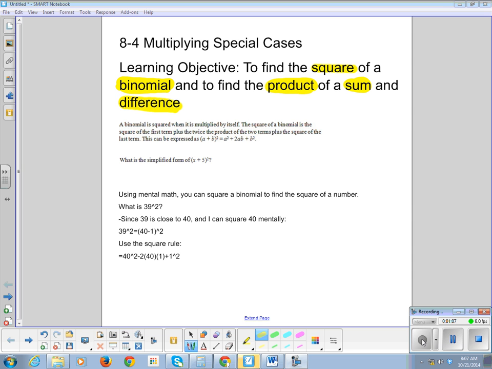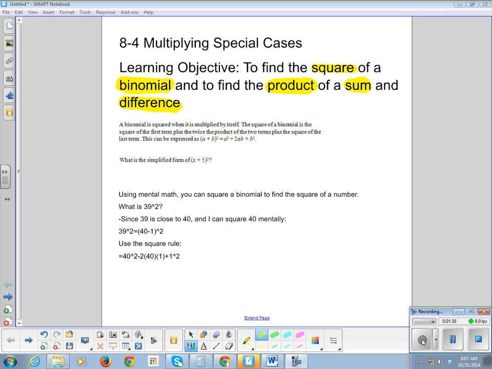All right, so don't write yet. The second paragraph, I'll highlight what the essential component is. A binomial is squared when it is multiplied by itself. The square of a binomial is the square of the first term plus twice the product, or 2 times, the two terms plus the square of the last term.